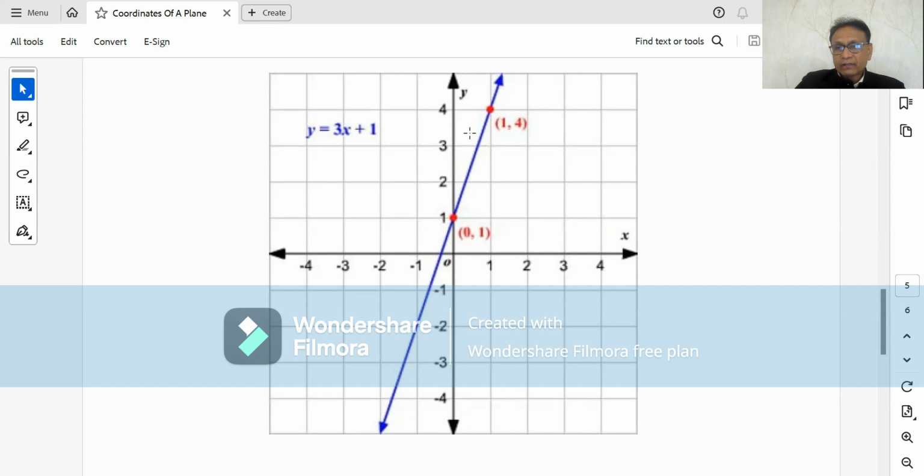So from here up to 4, because the perpendicular from this point is intersecting at 4. So this point becomes (1, 4), and it is put into brackets. It can be given some name also, like point P or point A or whatever you like. Now we'll see some more examples.